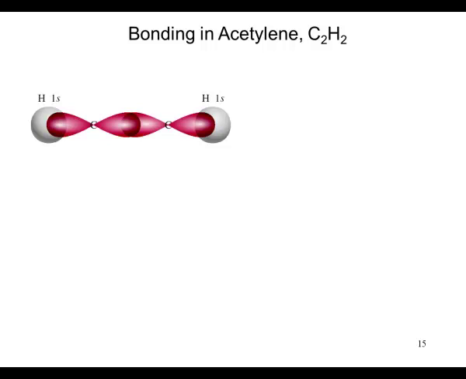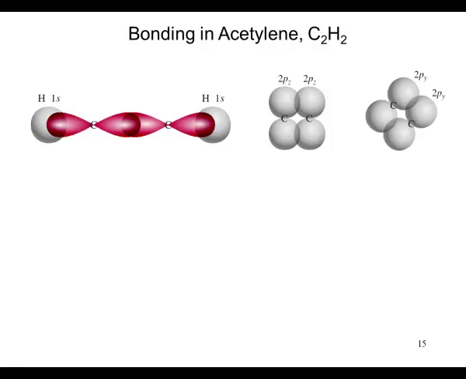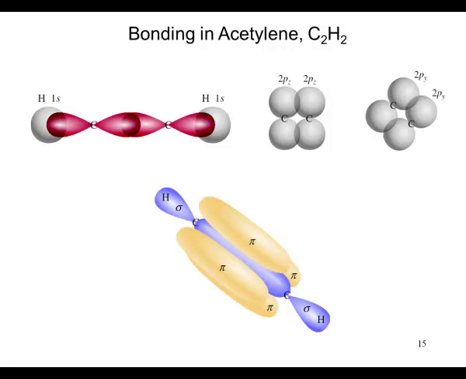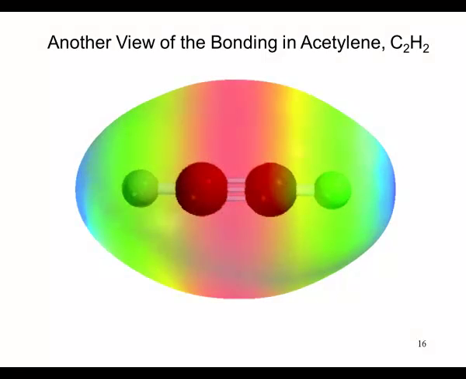It's a linear molecule. The p orbitals are perpendicular, both above and below the plane along the z-axis and the y-axis. And here is a graphic showing the bonding in acetylene. Notice that acetylene is triple bonded.